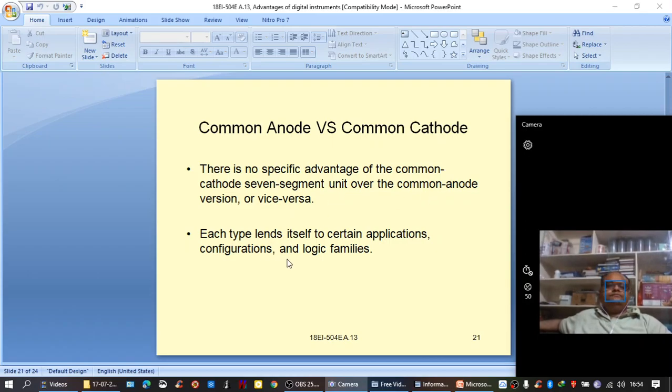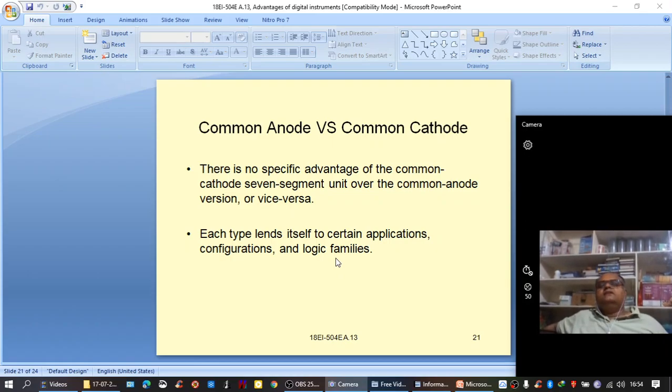Each type leads to certain applications, configurations based on the logic families. Suppose a logic family makes use of zeros as logic high and ones as logic low, then we have to go for common anode type of display.